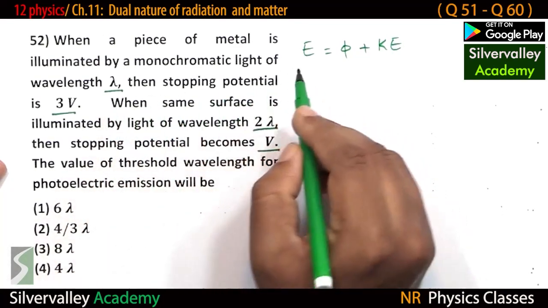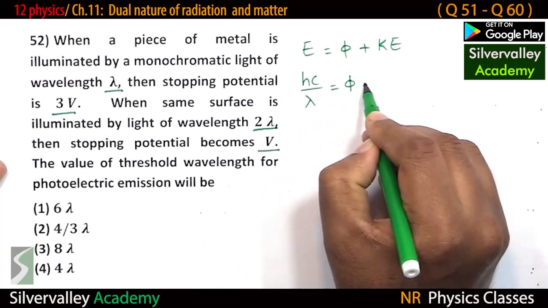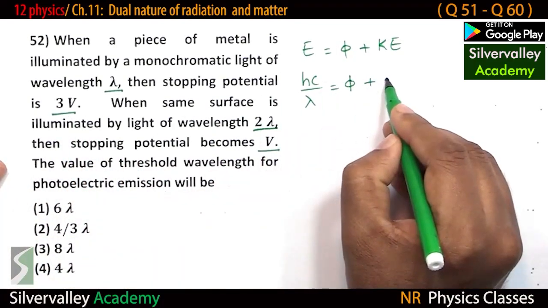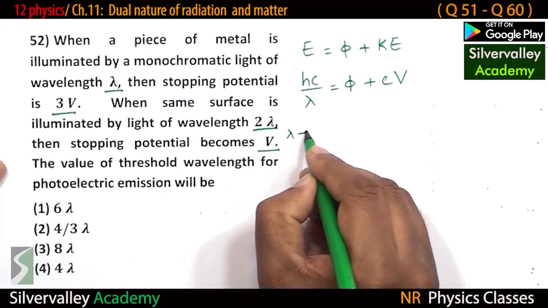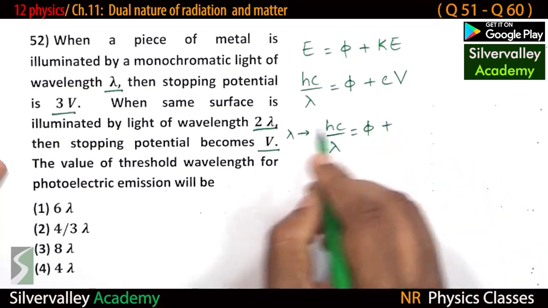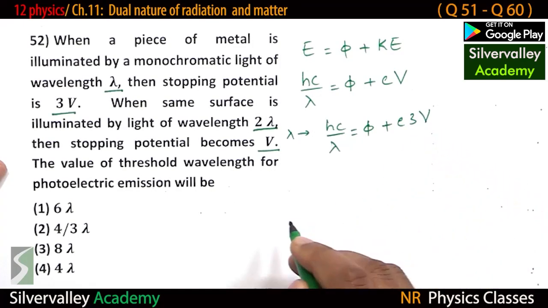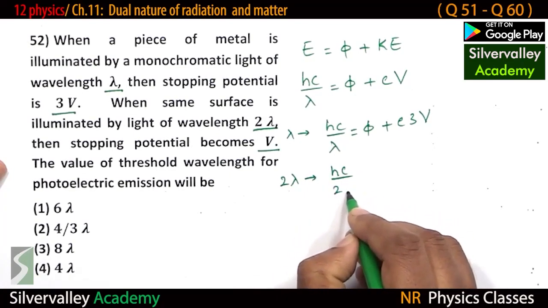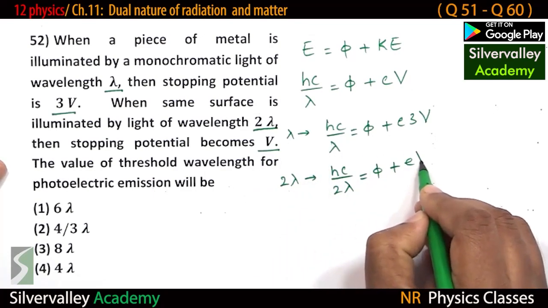In terms of wavelength, hc by lambda equals phi plus kinetic energy in terms of stopping potential, so eV. For lambda, hc by lambda equals phi plus 3eV. And for 2 lambda, hc by 2 lambda equals phi plus eV.